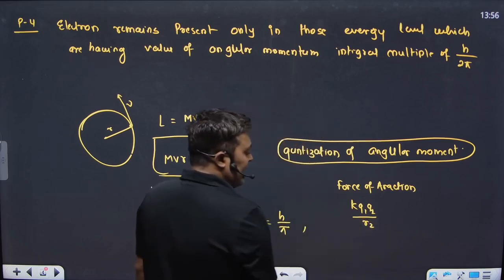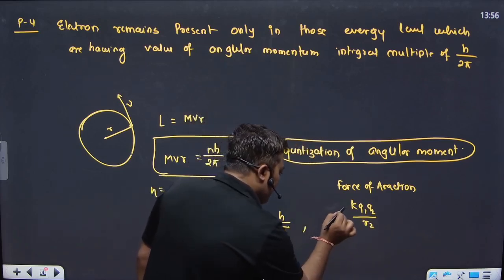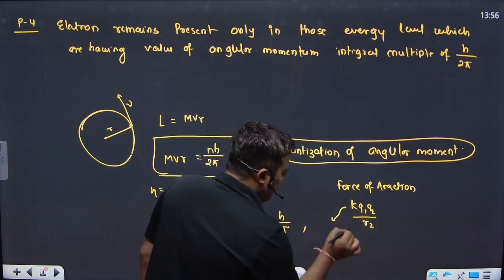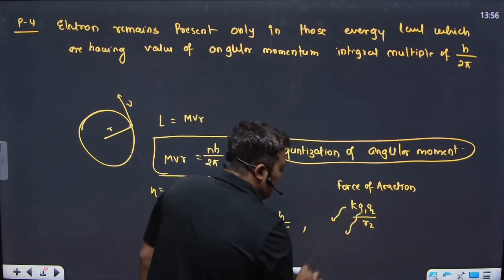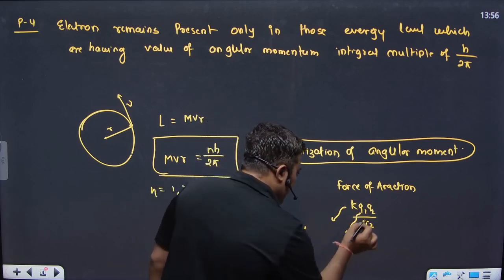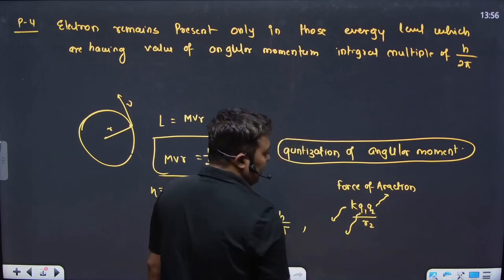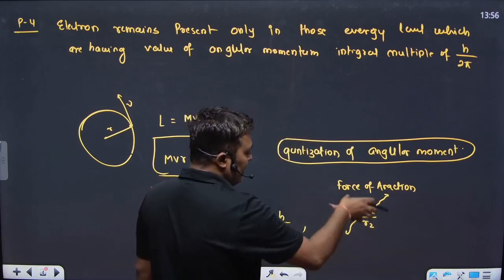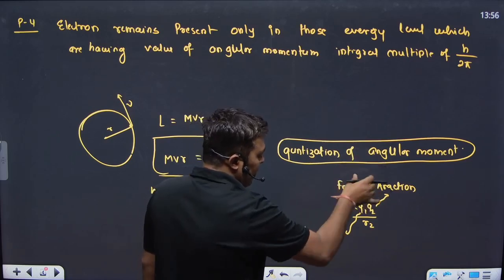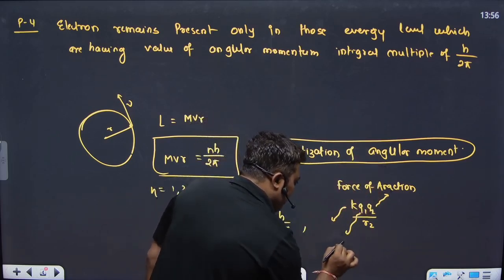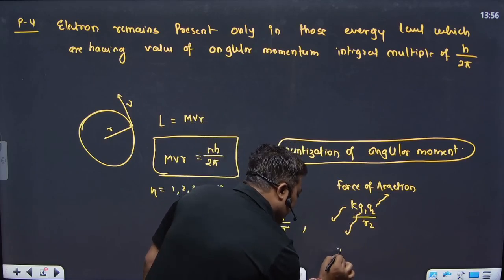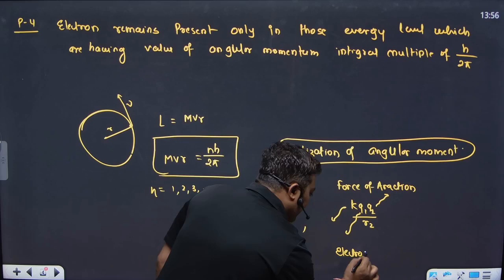K is the dielectric constant, Q1 is the charge on the electron, Q2 is the charge on the proton, and R is the distance between the electron and proton. So we have the force of attraction between the nucleus and electron, which is the electrostatic force of attraction.